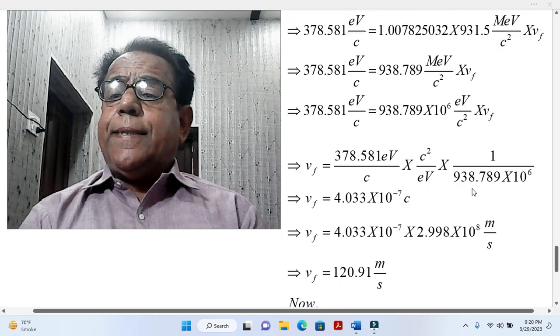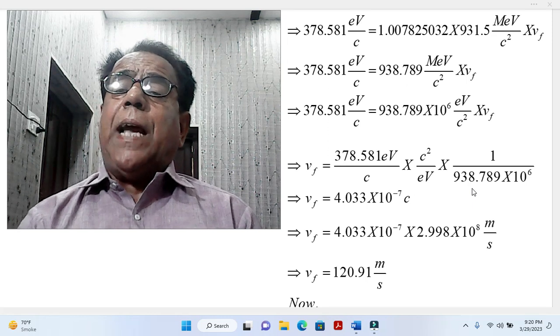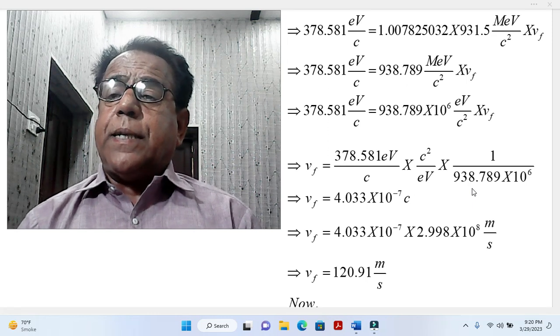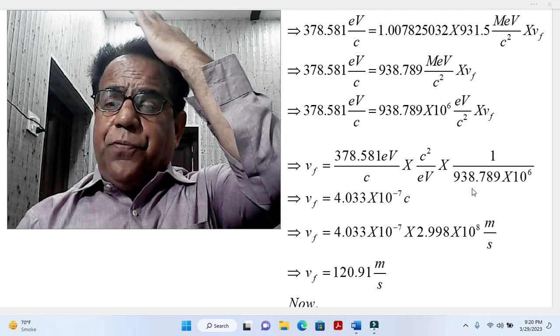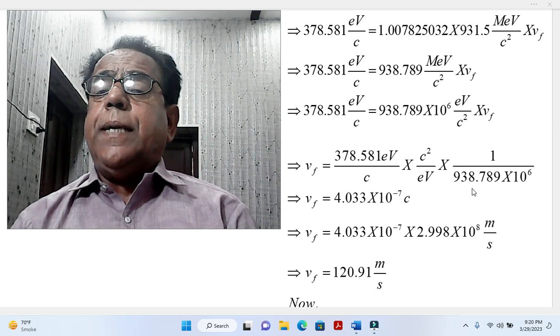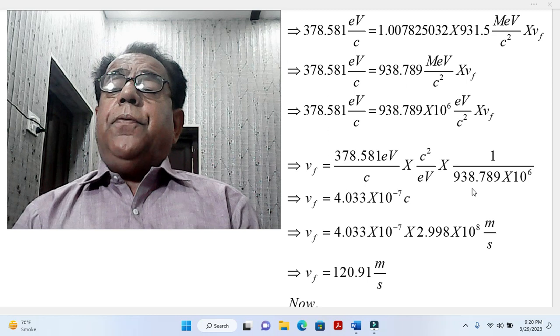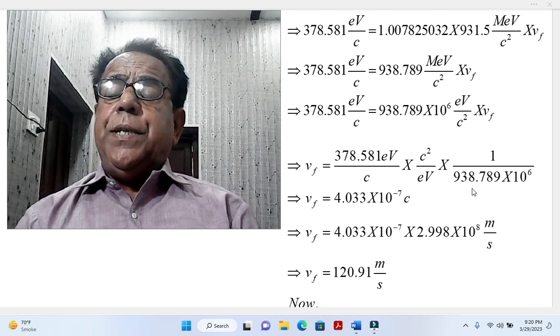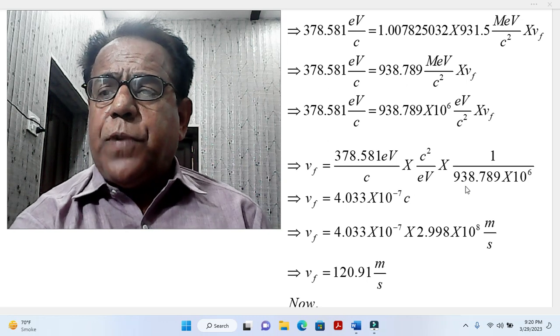In the next step, we have replaced c with its value in meters per second, and after this arrangement the final speed Vf has become equal to 120.91 meters per second. While, dear students, the initial speed given in the problem is about 125.